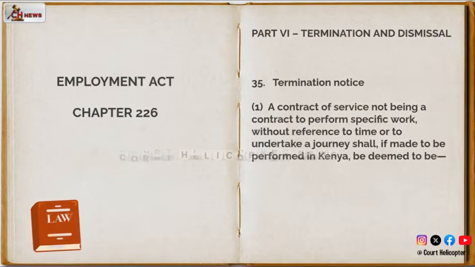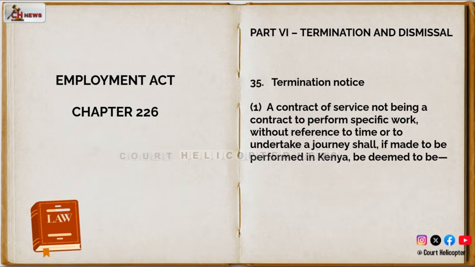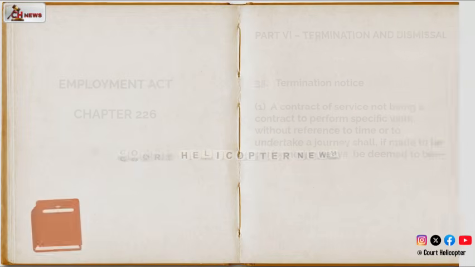There are very many ways the law provides for how an employer can exit employees or how an employee can separate from an employment. So we are dealing with Part 5, termination and dismissal. We are dealing in this episode specifically with termination. We shall deal with dismissal in the 5th episode.